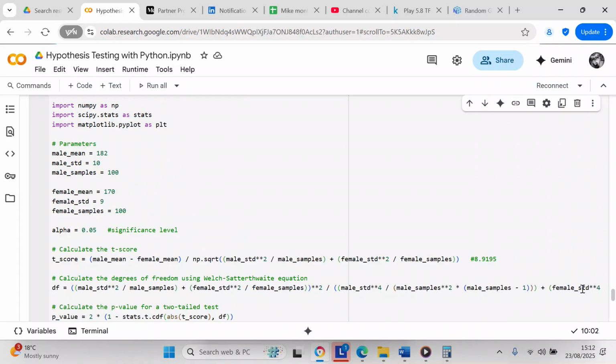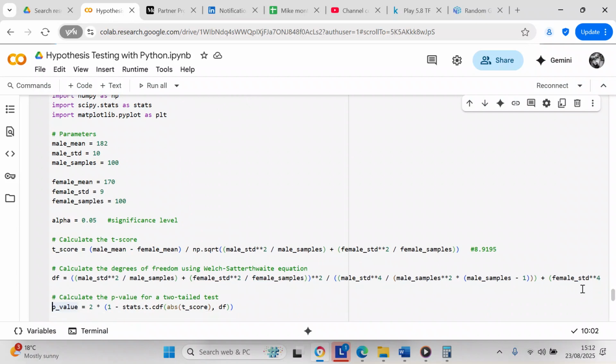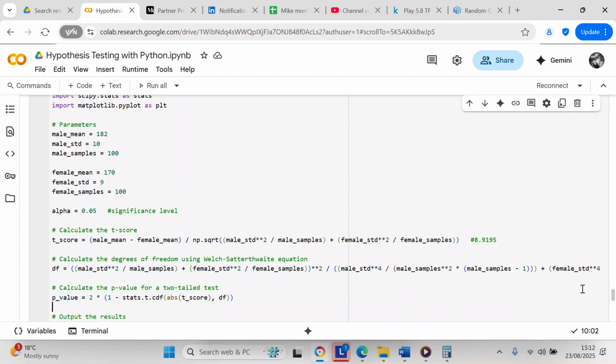And then after we calculate our degrees of freedom, we're going to calculate the p-value for a 2-tailed test. The p-value equals 2 times brackets 1 minus stats.t.cdf brackets absolute value of t-score, df.